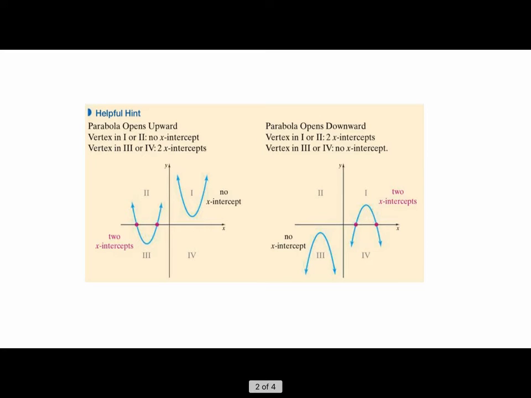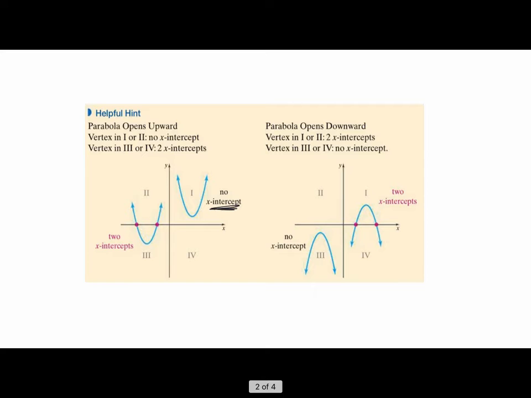There's a helpful hint here about your x-intercepts, because the example that we just did had 2 x-intercepts, and that's because the discriminant of that quadratic function was positive. We didn't find the discriminant, but it is. So there are situations where you don't have any x-intercepts, right? That's a possibility.